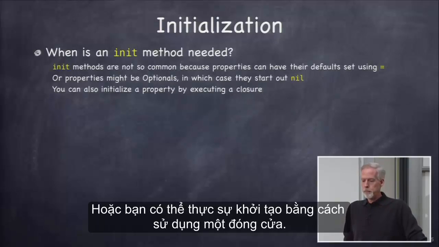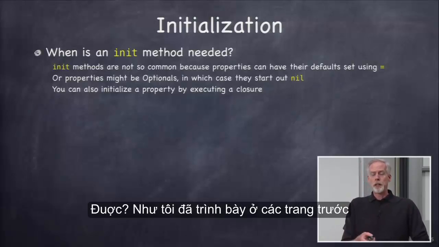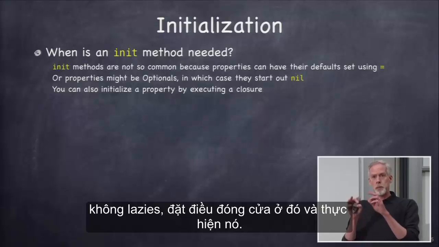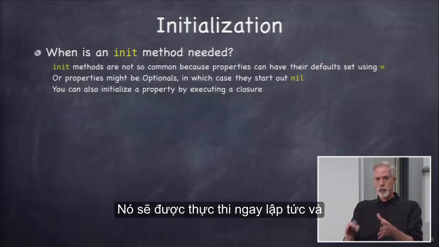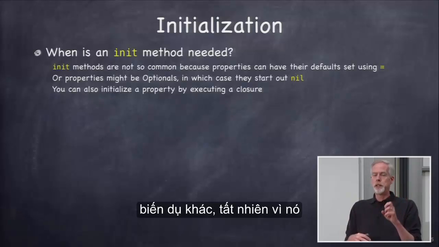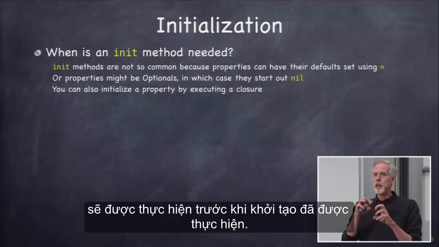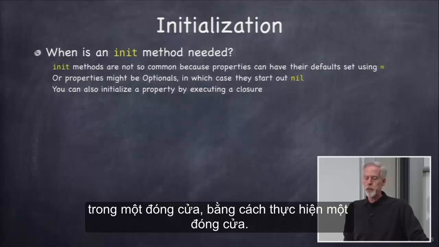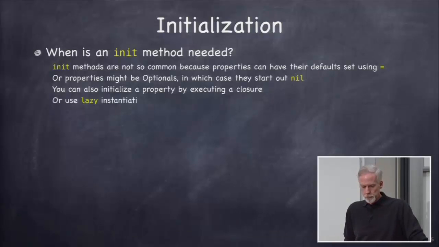Or you can initialize by using a closure. As I showed on the previous slide, with the lazy thing, you can do that for non-lazies too: put the closure there and execute it. It'll get executed right away, and nothing inside that closure could refer to any other instance variables, of course, because it would be executing before the initialization was done. But still, you can calculate some things to assign by executing a closure.